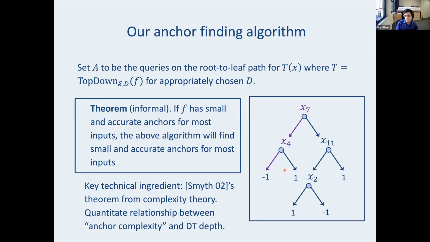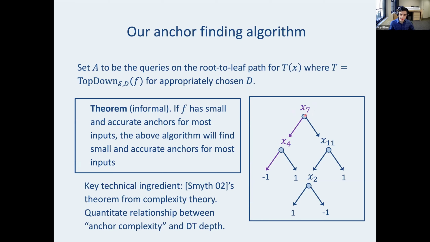Okay, so what's our algorithm? Well, it's very similar to what you saw. We build a top-down tree, or not all of it, but we build the root-to-leaf path, and we just take the features on the root-to-leaf path. I'm using features and variables interchangeably here. They mean the same thing to me. I'm using features in a machine learning context.